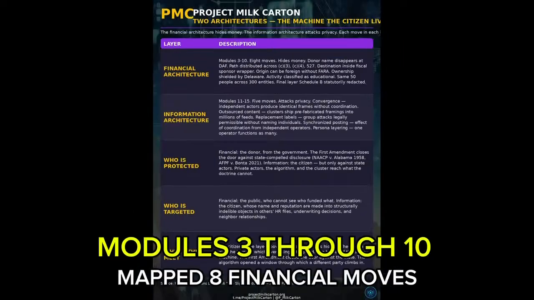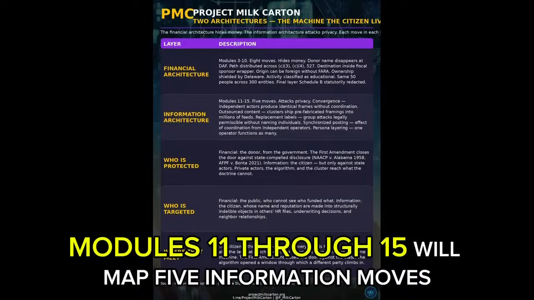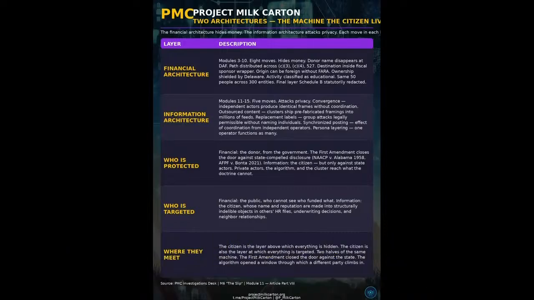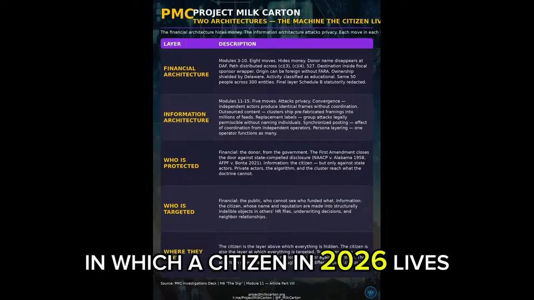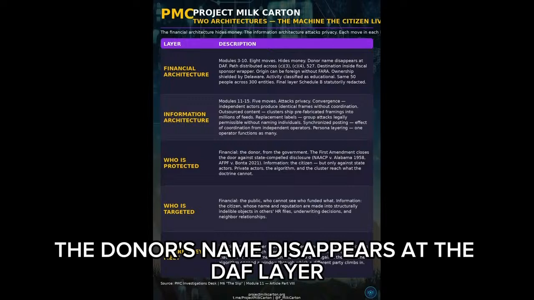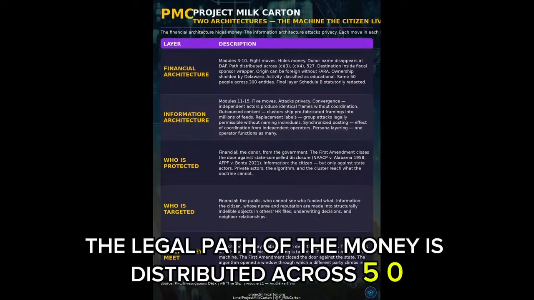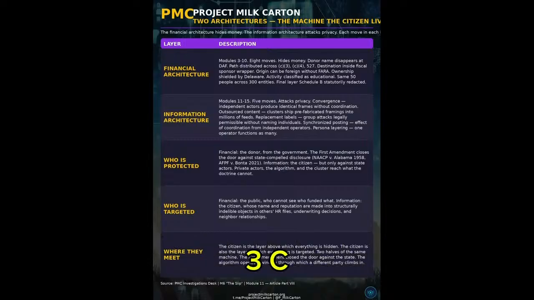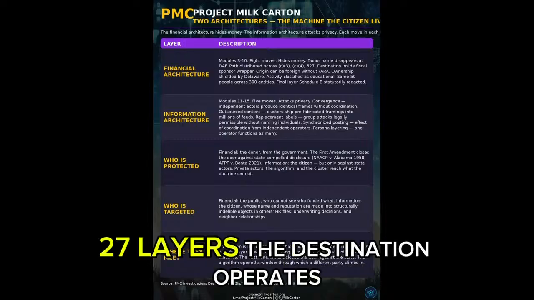Modules 3 through 10 mapped 8 financial moves. Modules 11 through 15 will map 5 information moves. Together, they describe the architecture in which a citizen in 2026 lives. The financial architecture hides money. The donor's name disappears at the DAF layer. The legal path of the money is distributed across 501c3, C4, and 527 layers.